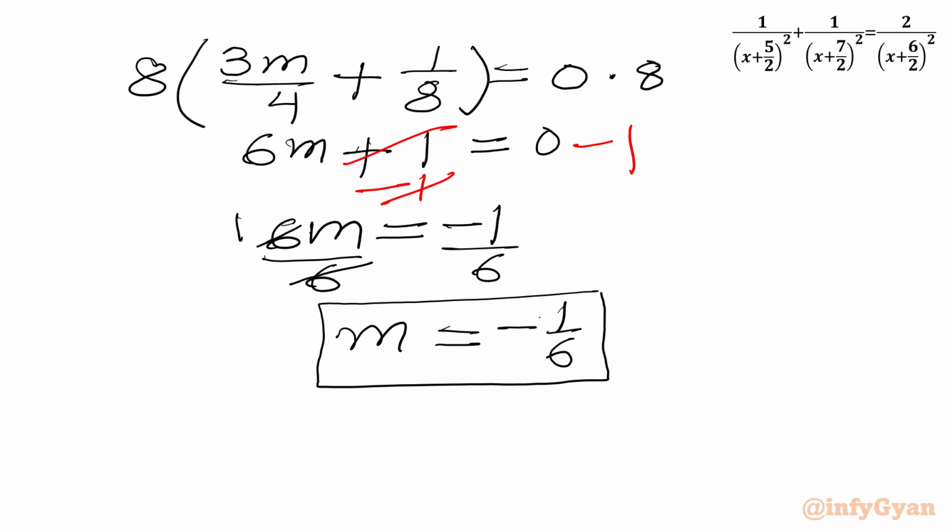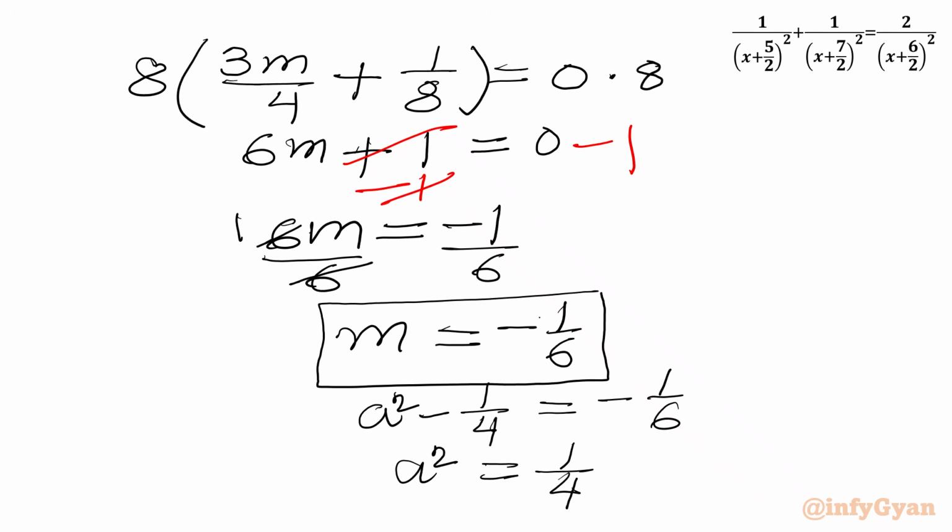And m was our substitution. So I will write in place of m, a square minus 1 over 4 equal to -1 over 6. By adding 1/4 to both sides, we will get a square equal to 1 over 4 minus 1 over 6.